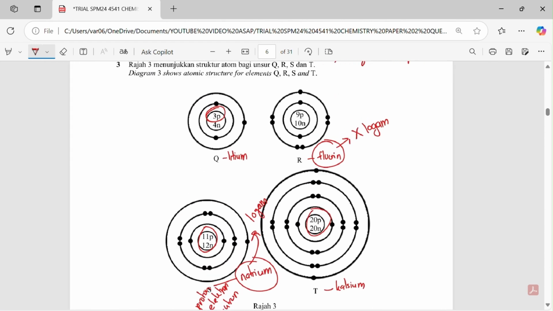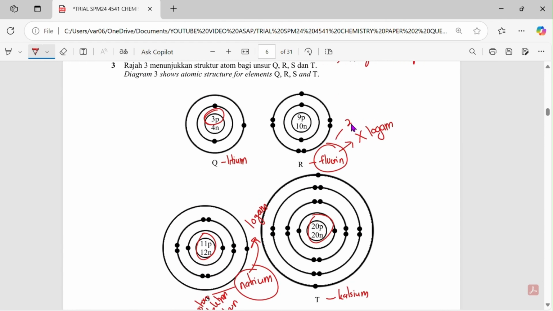So in this case, for your natrium, it has a higher tendency to let go of its 1 valence electron to achieve susunan elektron oktet yang stabil, whereas fluorine will gain 1 electron untuk mencapai susunan elektron oktet yang stabil.